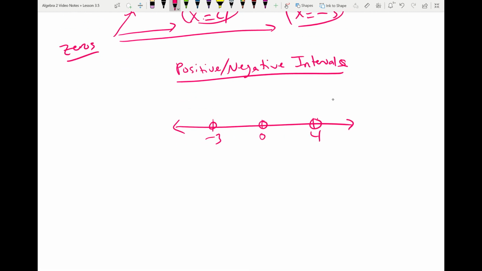So let's test to the left of -3. So right here, if we want to test to the left of -3, let's choose a value. Let's break this up. So we have x is less than -3. We have x is between -3 and 0.